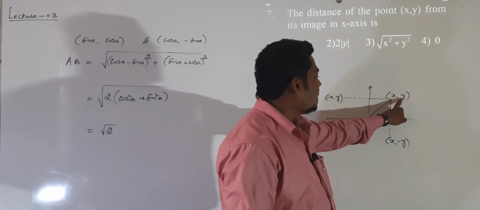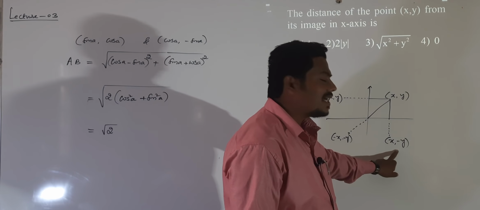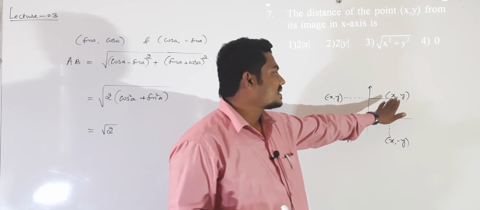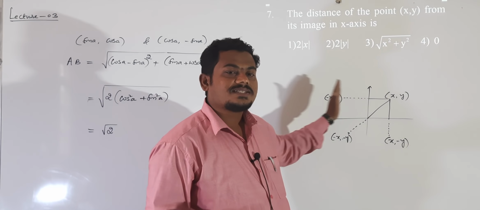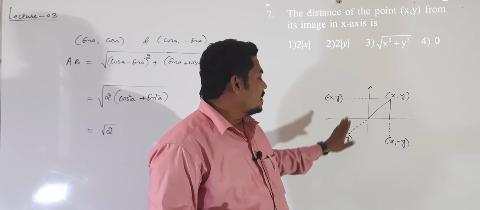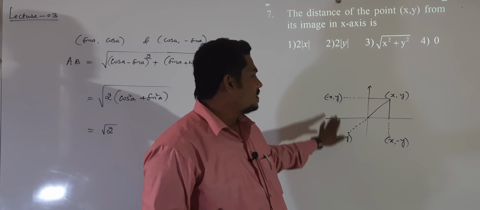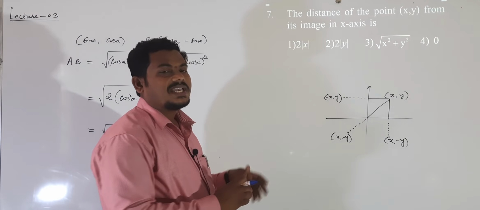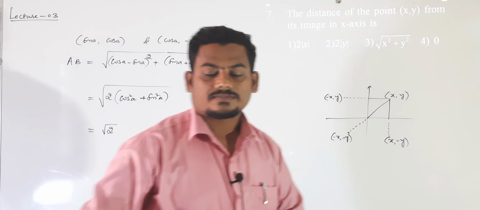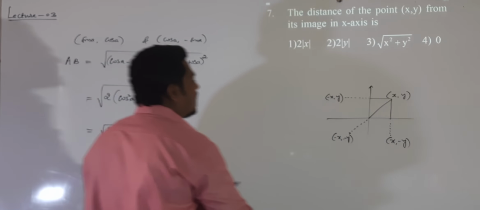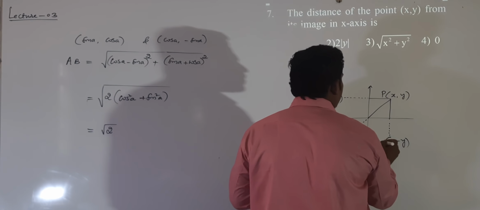Image of this point x comma y with respect to x axis is in 4th quadrant. Image of the point x comma y with respect to y axis is in 2nd quadrant. Suppose this point is in 1st quadrant, then image of this point with respect to origin is in 3rd quadrant. Image means mirror image, right? Can you tell me the distance between these 2 points, the point and its image point?